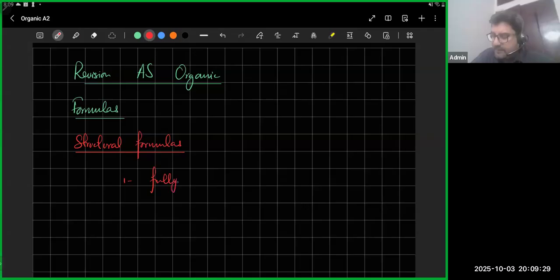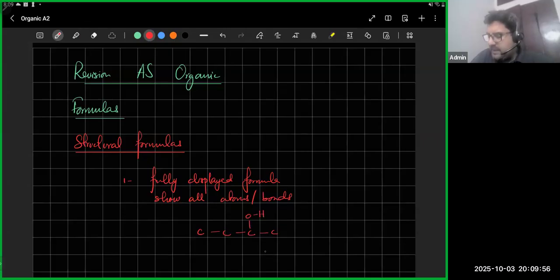You should know what a fully displayed formula is. You show all atoms and bonds. For example, I've got a molecule in which every single bond is shown.